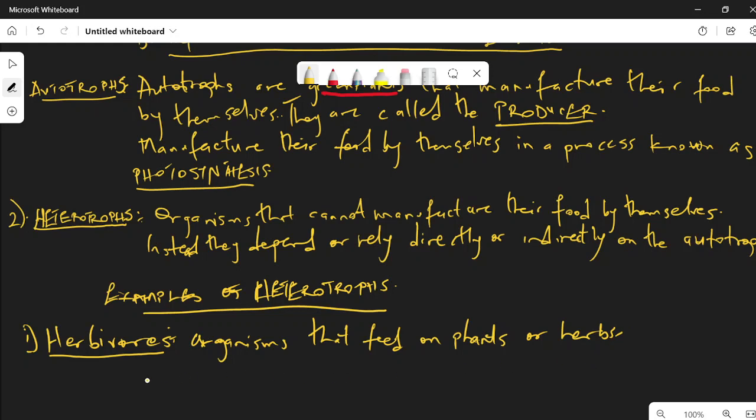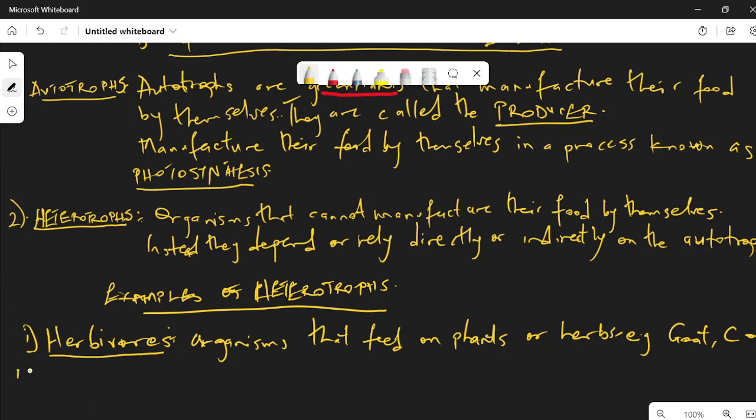Are we together? That is what herbivores are. So we have examples. Who can quickly give me an example of an herbivore? Yes, goat is an example of an herbivore. Another example? All right, we have cow. So those are examples of herbivores. They feed on plants, on grasses, on herbs.